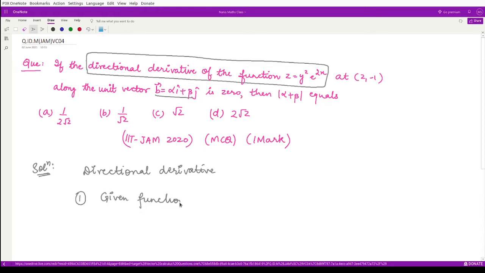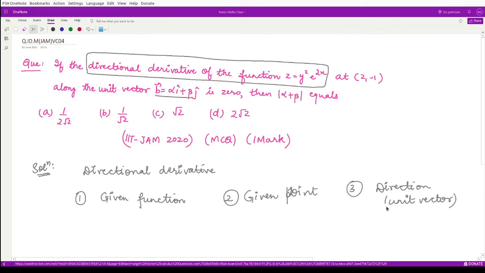Second, the given point where you want to calculate the derivative. And third, the direction. The direction is given by a unit vector. So here all 3 things are given to you.